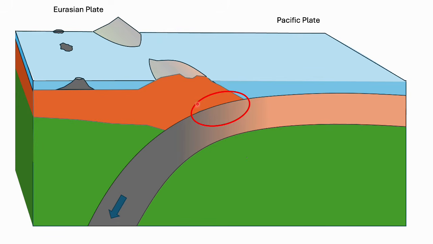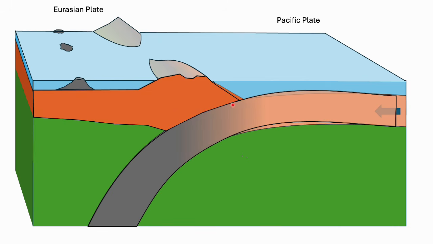So if we're storing energy at this point here, it's locked up, you're going to elastically deform the overriding and the subducting plate. So the Pacific plate carries on subducting, but there's no movement here, so you deform them like this. This bends upwards, this surface bends downwards as well, and this is all elastic. So when the rupture finally happens, it's going to spring back to its original position.